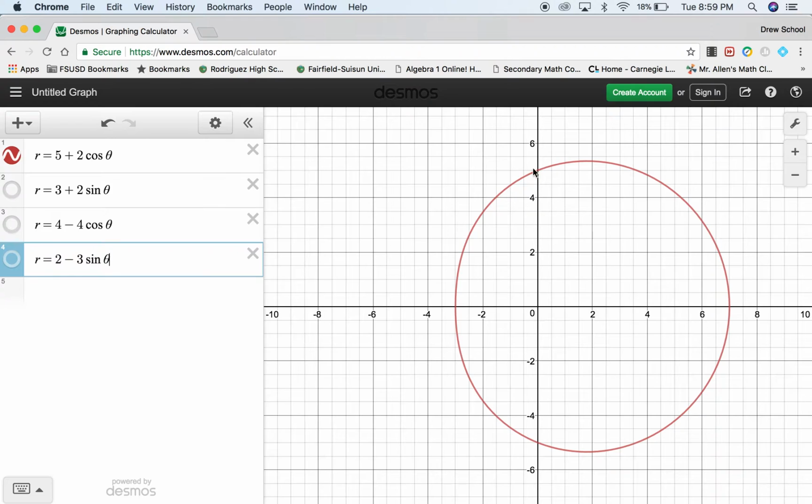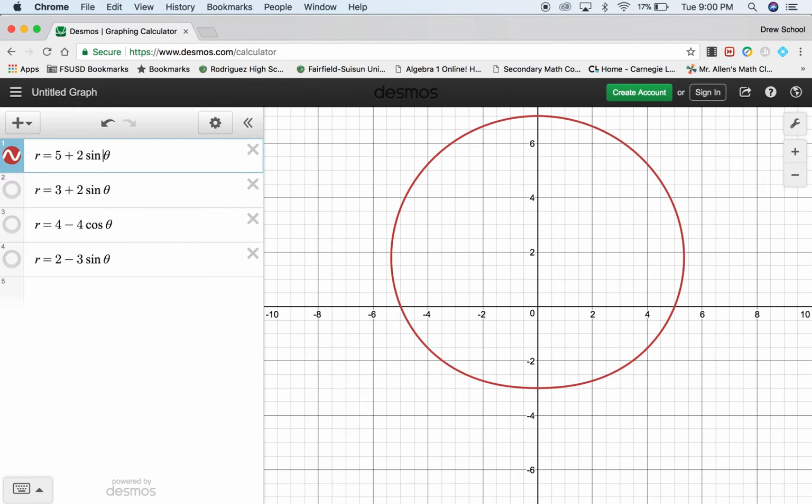You also notice that our y-axes are at 1, 2, 3, 4, 5, which is our A value. Now, since it's cosine, it's symmetrical over the x-axis.